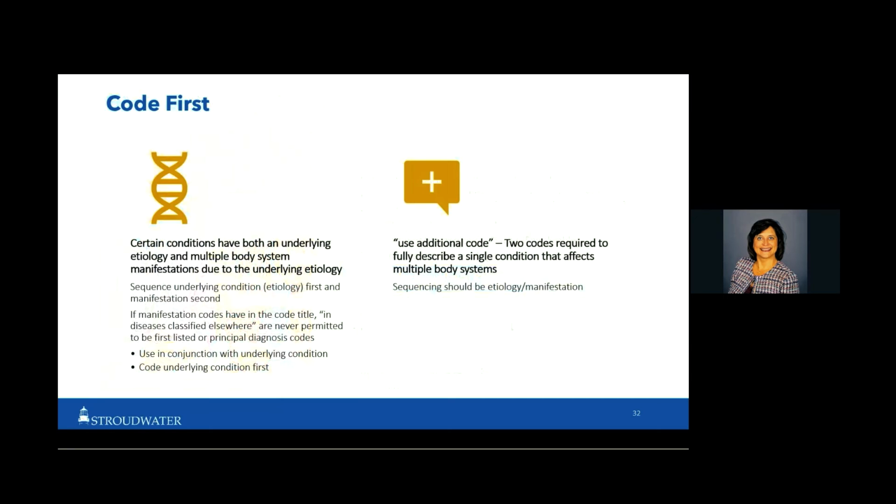Two codes are required to fully describe a single condition that affects multiple body systems. So when you sequence these codes, you sequence the etiology first and then the manifestation. So one comes before the other. The etiology is the cause and the manifestation is the symptom for it.